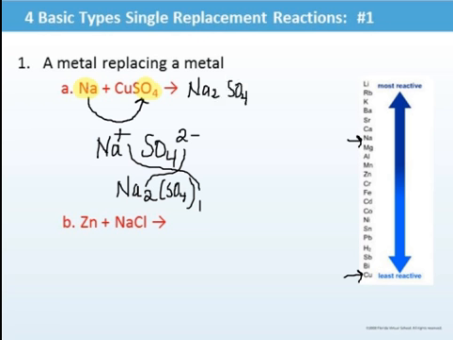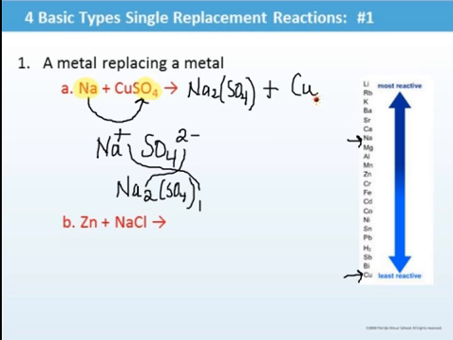I only need one of the SO4 groups, so that's the formula. If you wish, you can leave sulfate in parentheses. That is okay. And then for my other formula, it's just copper. Because this is only a single replacement reaction, copper goes off by itself. So we just get plus Cu.